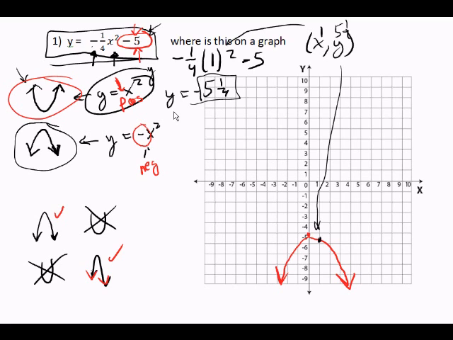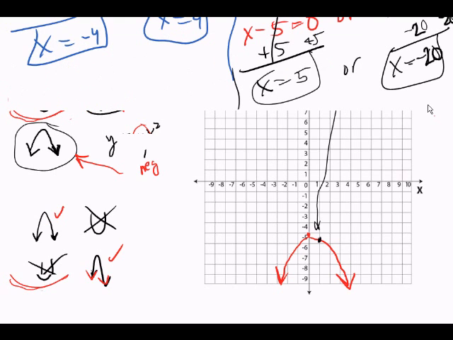Do you see how this number is negative? There's a negative sign in front of the x squared, then it goes down. So if you have a positive x squared, your graph is going up.